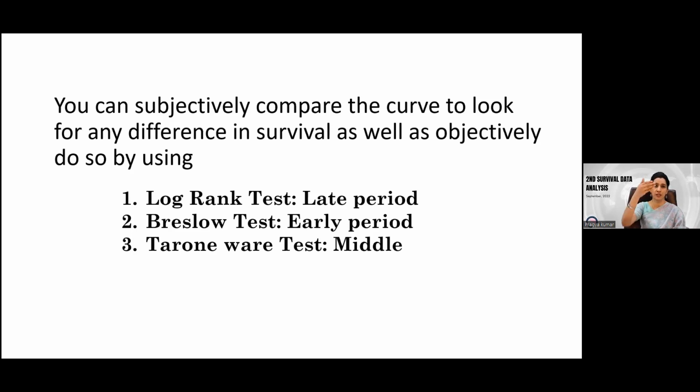If you want to see the early part of the curve, generally we use the Wilcoxon or the Breslow test. If you want to see the later part of the curve, generally it is the log rank test which is used, and Tarone-Ware can be used in the middle of these two.